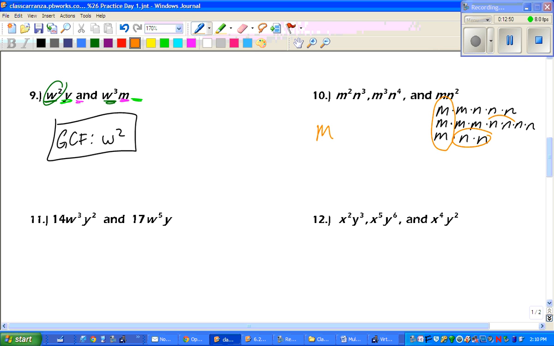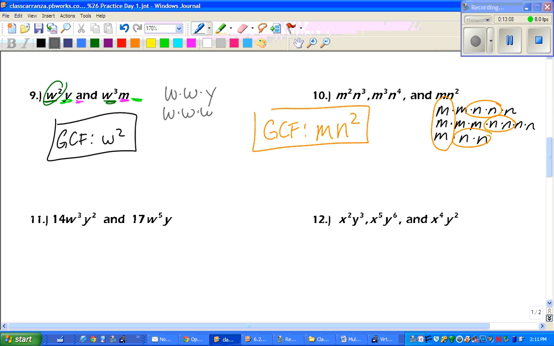Well, we got 2 here, we got 2 here, and we got 2 there, so the GCF is actually mn squared. Okay? And I'm sorry for that last one. If you wanted to take a look at it, it's w times y and w times w times m. The only thing they have in common are those 2 w's.